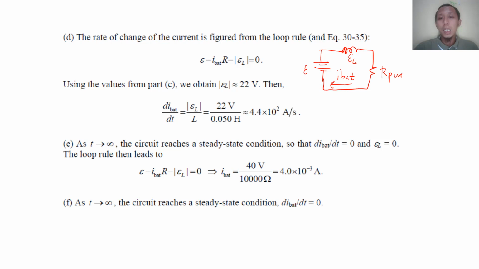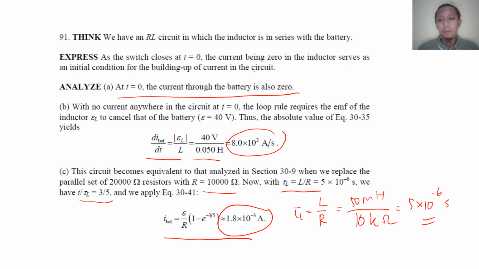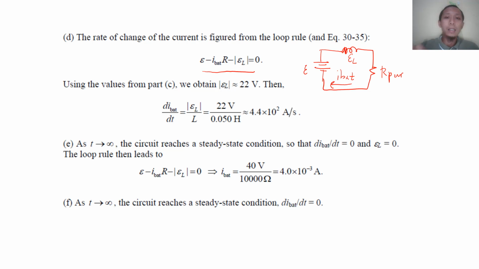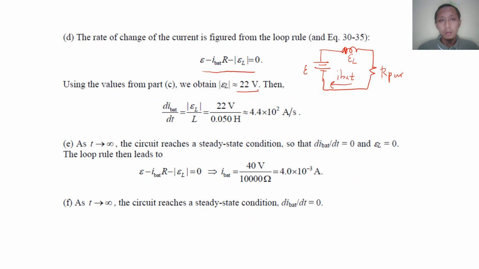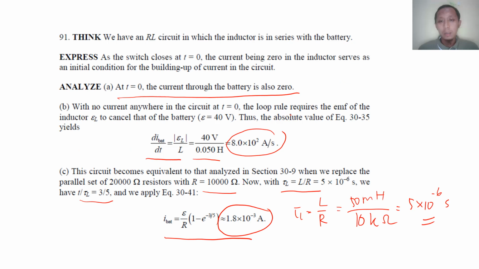So we make a loop: E minus I_bat R minus E_L is equal to 0. Using the value from C here, we get E_L is equal to 22 volts. So we get dI_bat/dt is equal to E_L per L, 22 volts per 0.05, so we get 4.4 times 10^2 ampere per second, like this one.